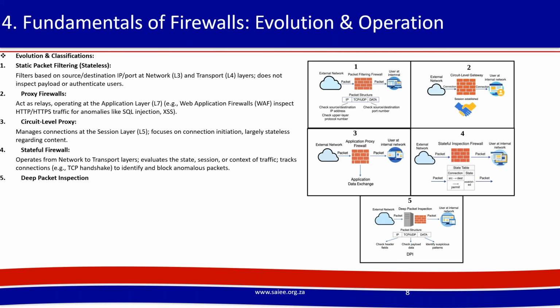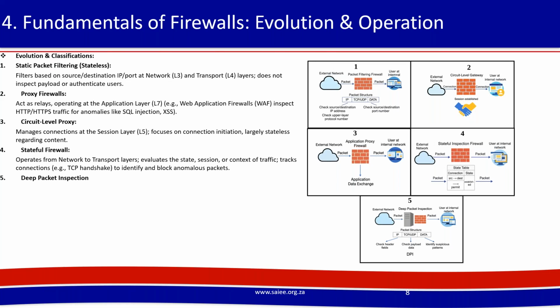Then came proxy firewalls, which operate at the application layer, acting as intermediaries and deeply inspecting traffic. You can think of a web application firewall protecting web servers from specific application level attacks, such as SQL injection or cross-site scripting.